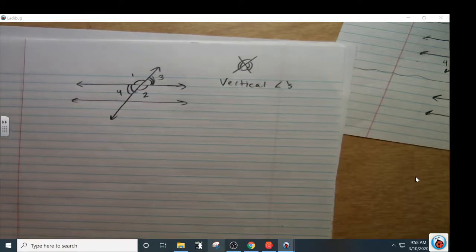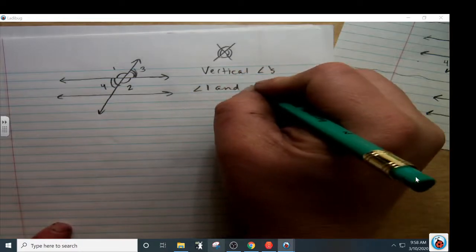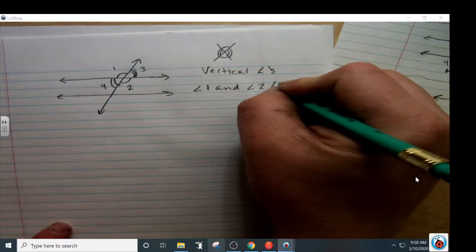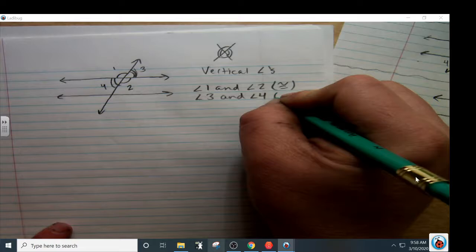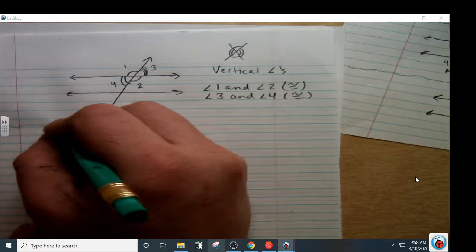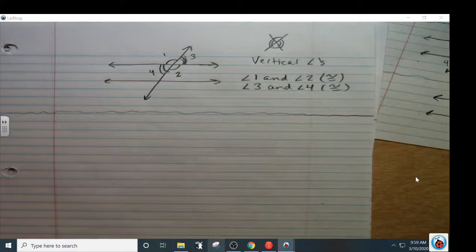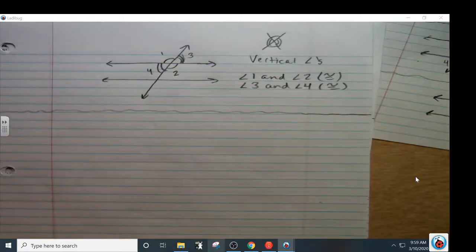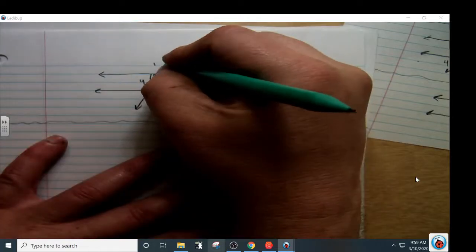So angle 1 and angle 2 are congruent. Angle 3 and angle 4 are vertical angles, and they are congruent.